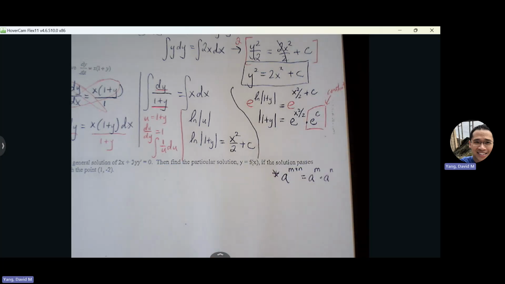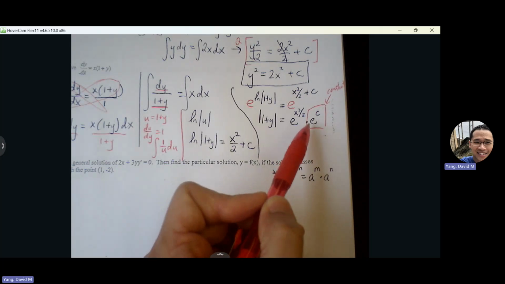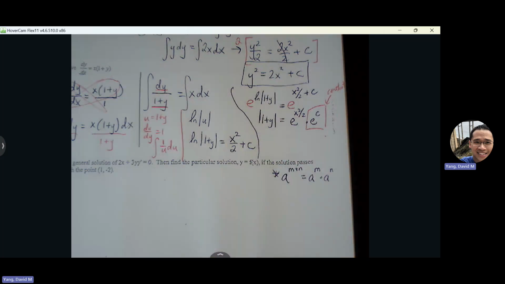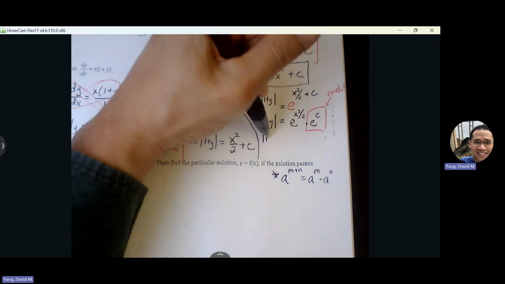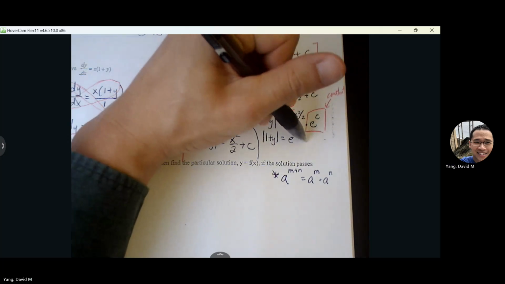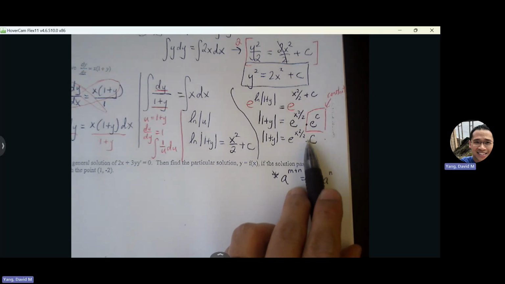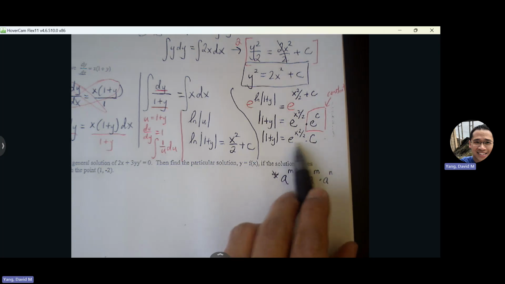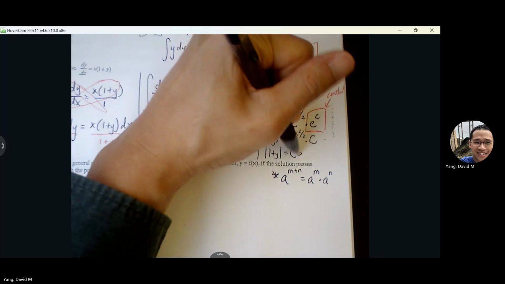So e to the c is just going to be one large C, because imagine e to the 5 or e to the 12, that's just going to be some constant. So we're going to convert that e to the c to just be a large C. Typically we like to have the constant in front, so I'm going to drag that C in front of the e.